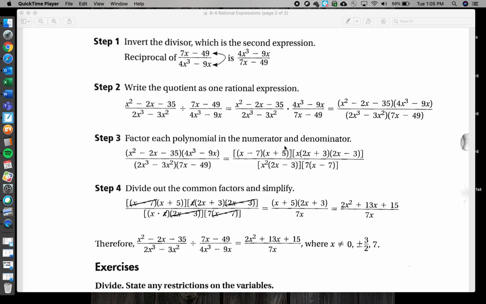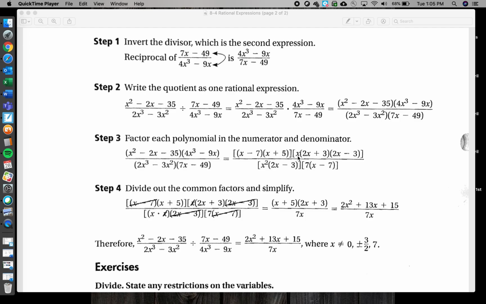Okay? So then the last thing that you're looking for is, let's take a look at all these factors and see what cancels, because I put them all together already when I multiplied. Notice any factor in the numerator will cancel with any factor in the denominator. So we've got an x minus 7, x minus 7. Those will cancel out. There are no x plus 5s down here, so that's going to stay where it's at.